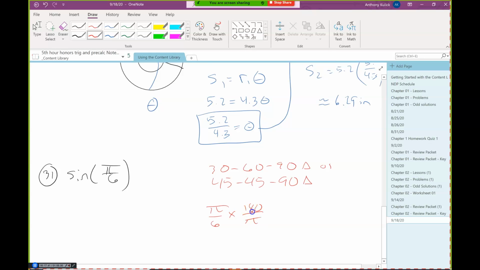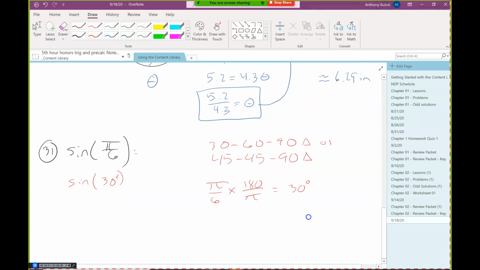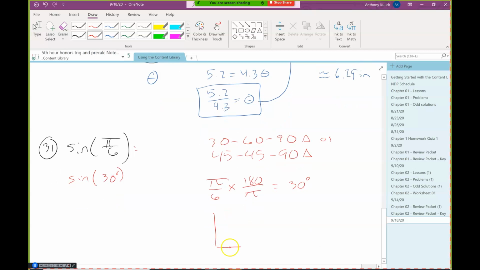To convert a radian measure to degrees, I multiply by 180 over pi. And when I do that, I get 30 degrees. So sine of pi over 6 is the same thing as sine of 30 degrees. So far, so good? Okay. Now I'm going to draw my 30, 60, 90 triangle.